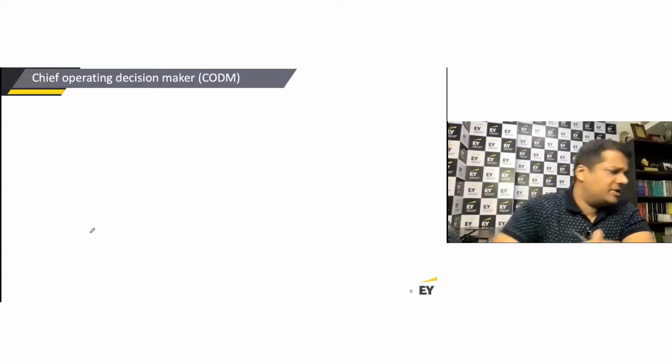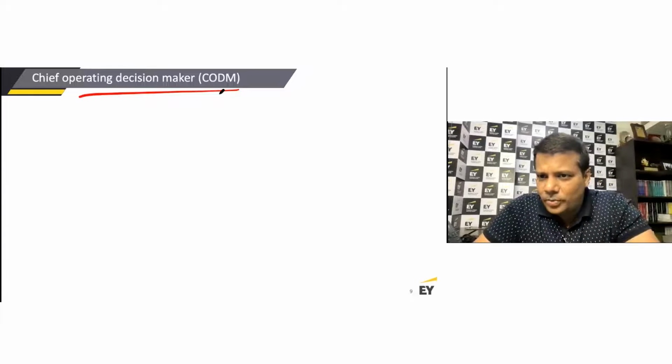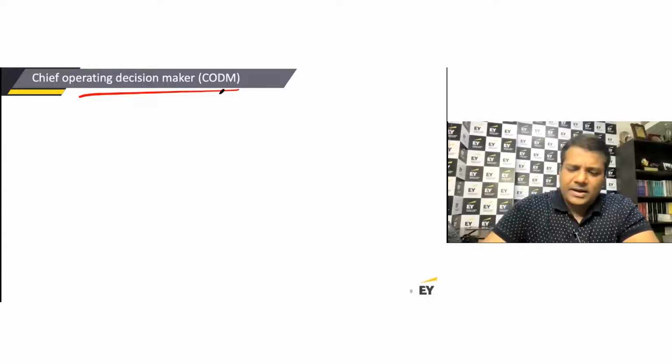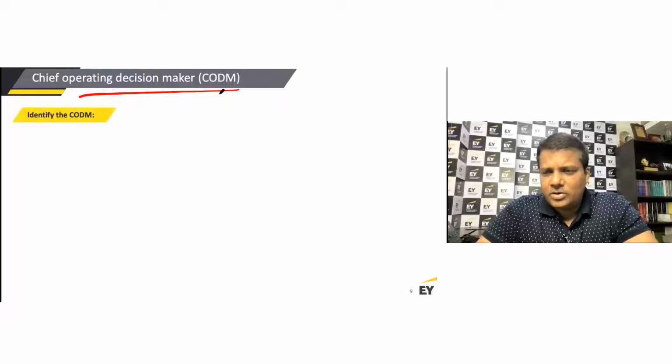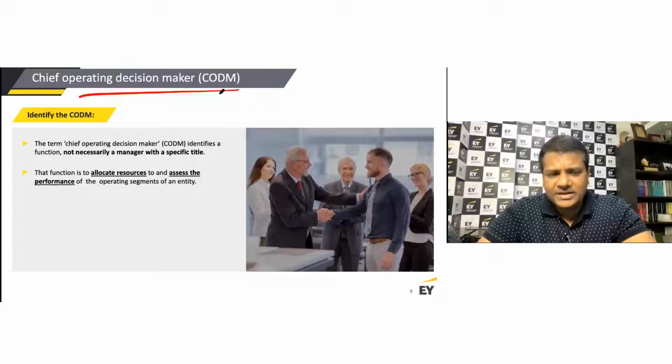Who is the CODM? CODM is the chief operating decision maker, the person, or a committee, entrusted with the role and responsibility to take decisions, to allocate resources, and to do performance evaluation. The term chief operating decision maker identifies a function, not necessarily a manager with a specific title.